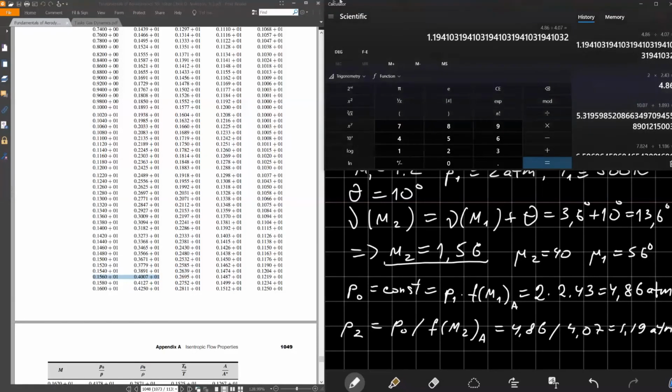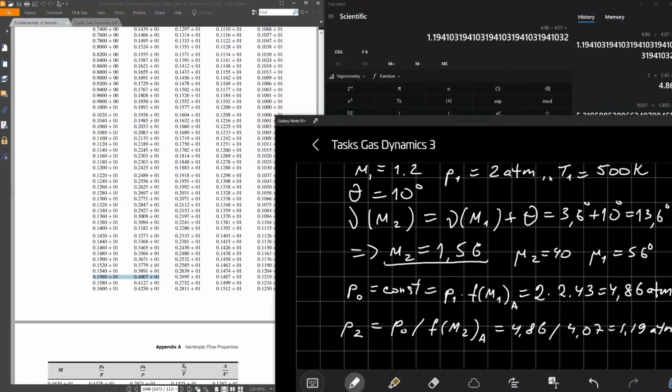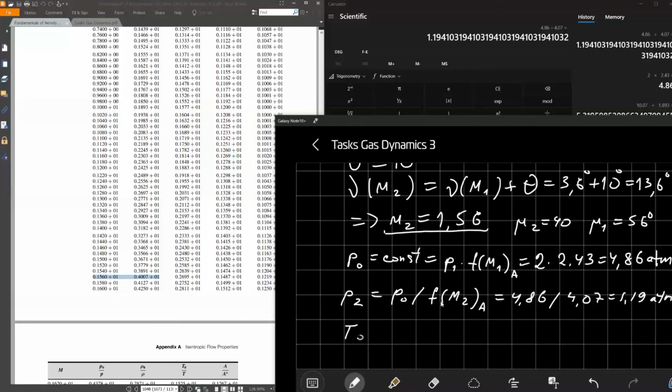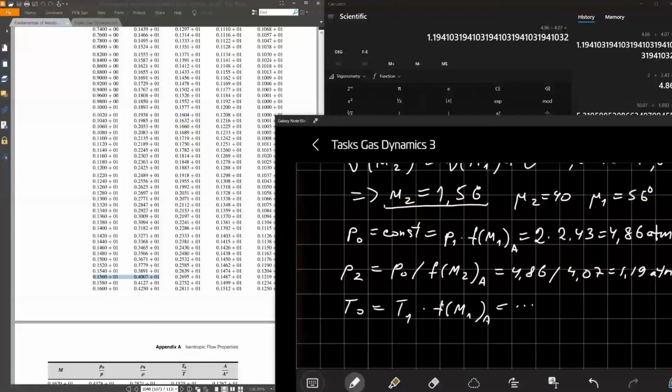Same thing we do for the temperature. If we are interested to calculate the temperature, we know the initial temperature, temperature 1. By a similar formula, we find the stagnation temperature. T0 is T1 multiplied by the function of Mach number 1 from Appendix A, the temperature ratio we find, and then we find the temperature 2, which is temperature 0 divided by the function of Mach number 2 from Appendix A in the same way.